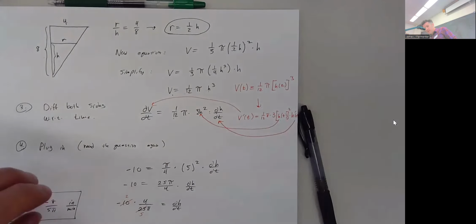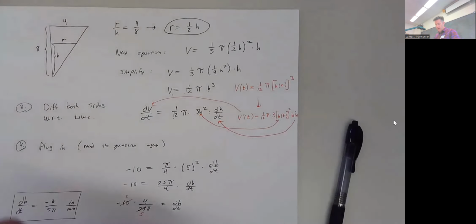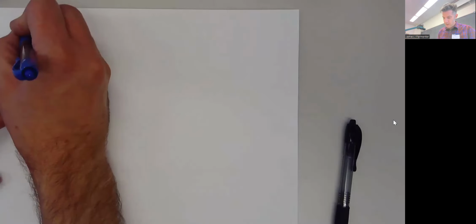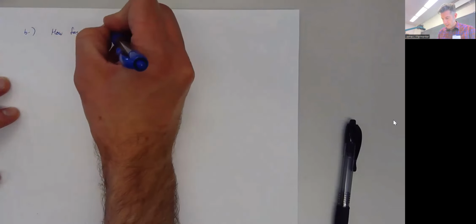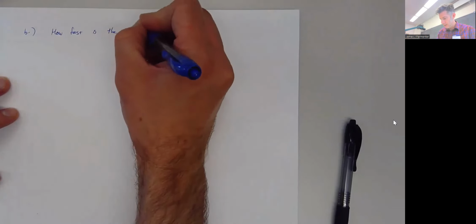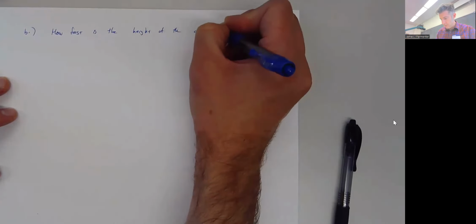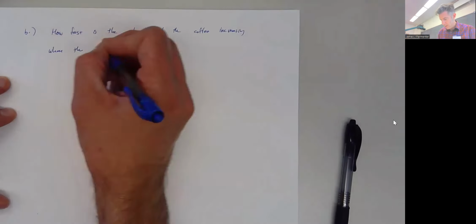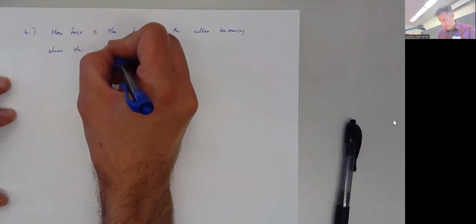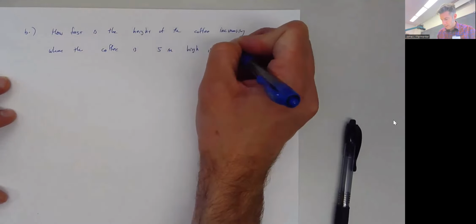Okay, let's go ahead and ask the second question, which is actually easier to answer here. So part B, how fast is the height of the coffee increasing when the coffee is 5 inches high in the cylinder?